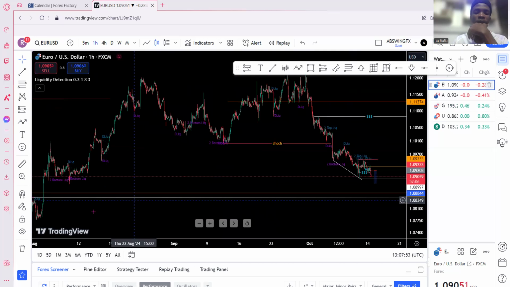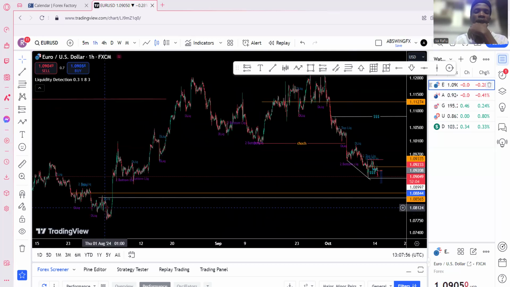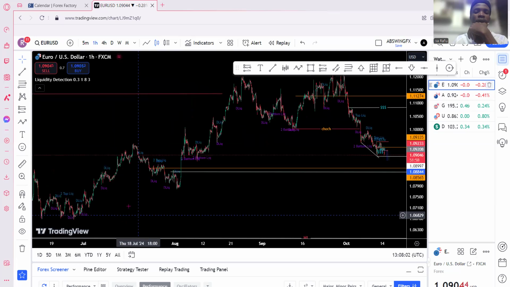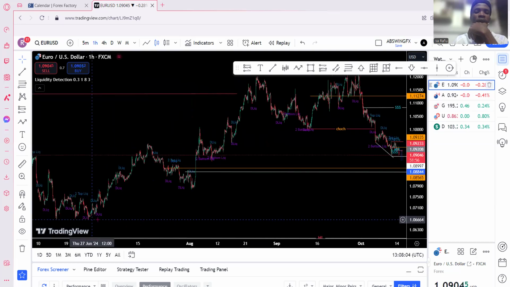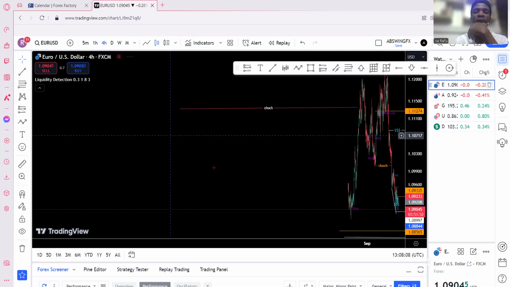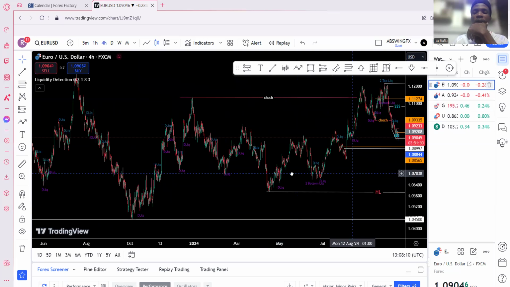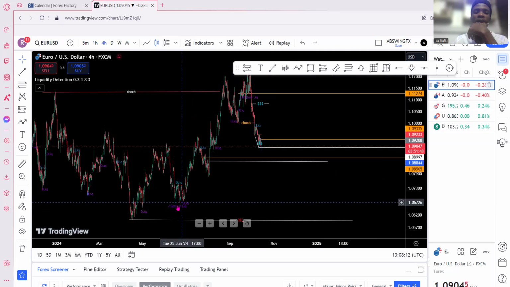Now, I see a very good demand zone around this place, and the next liquidity around this, which is not easy for the market to get to at this point for now.